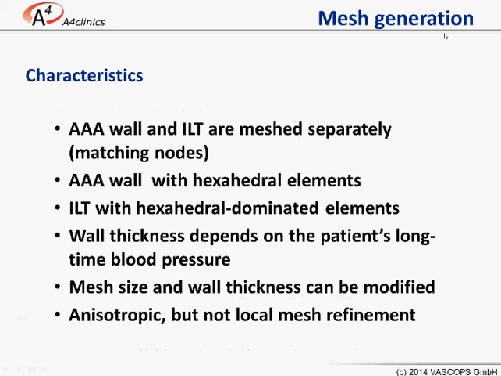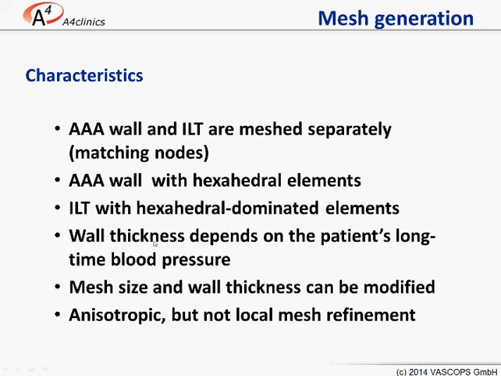Now, coming to the mesh generation, and the characteristics of mesh generation are itemized here. The wall and the thrombus are meshed separately with matching nodes, so you don't have to deal with complicated interface descriptions between these two bodies. The wall is hexahedral elements, thrombus is hexahedral dominated elements.